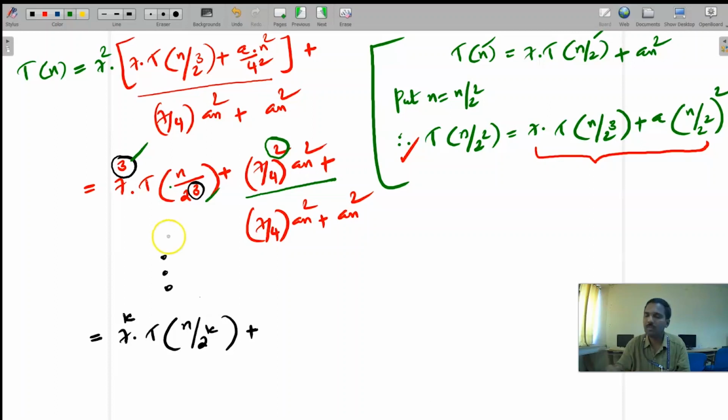Likewise, if the power is k here, the next term is 7 by 4 whole power k minus 1 into a n square.